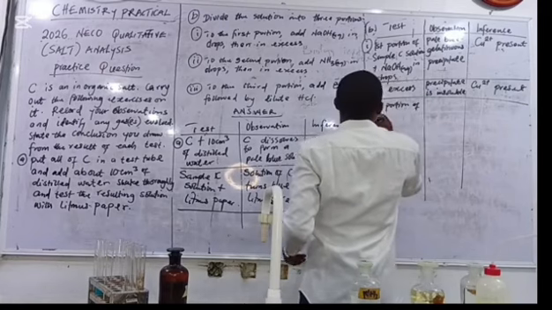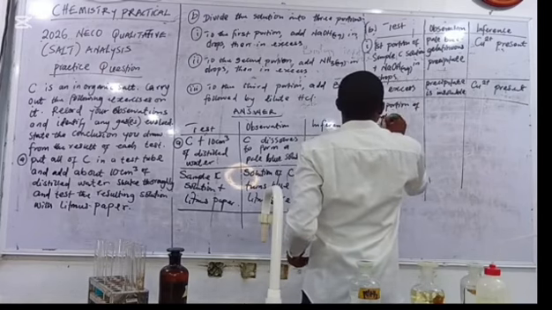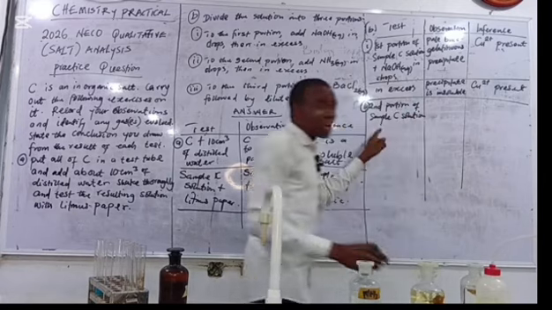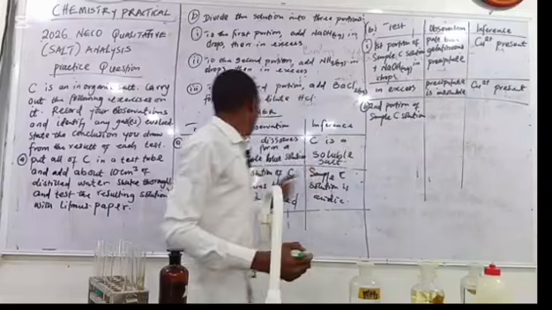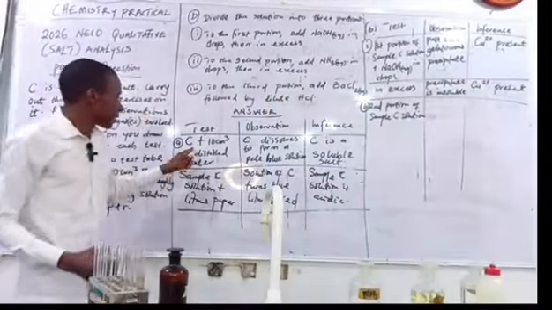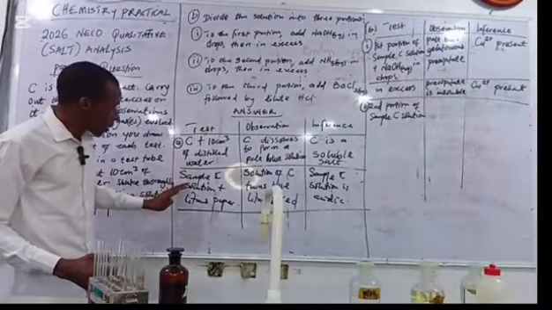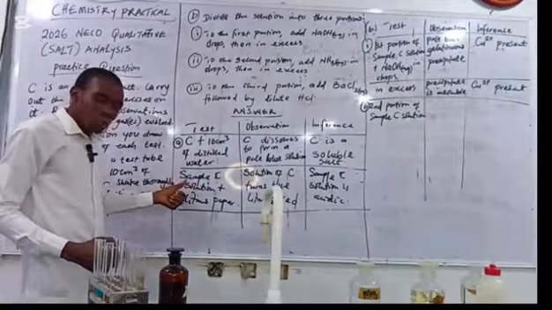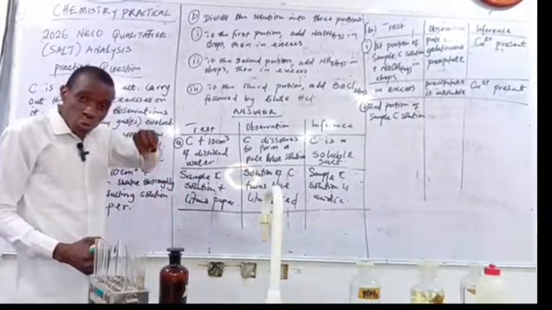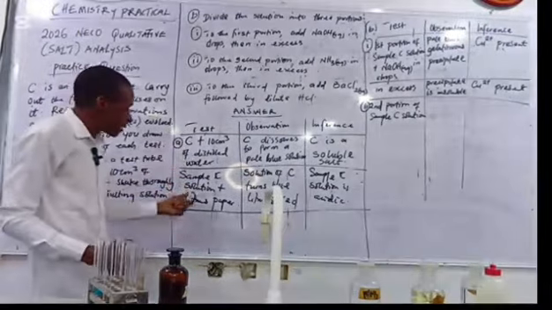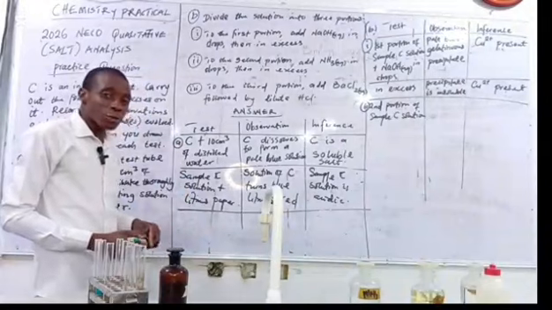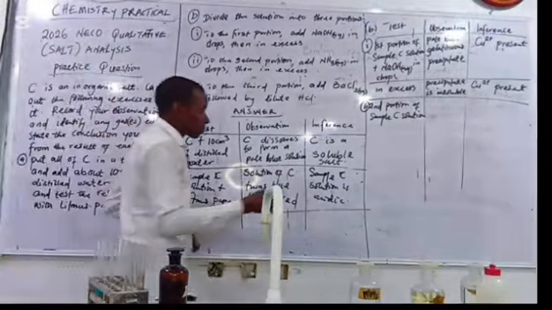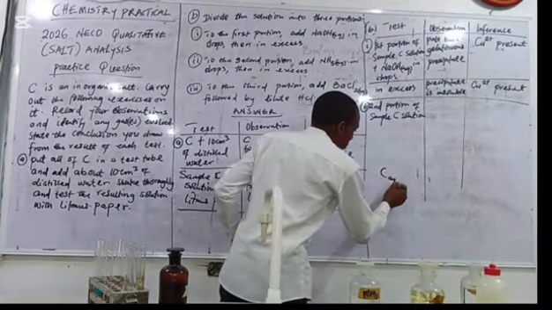of sample C solution. Now please take note, you don't say sample C, because this was sample C. Anything from this second row from here, what we were making use of was the solution of sample C. So when you are writing your own test, make sure you say sample C solution, or others you may want to say C aqueous.